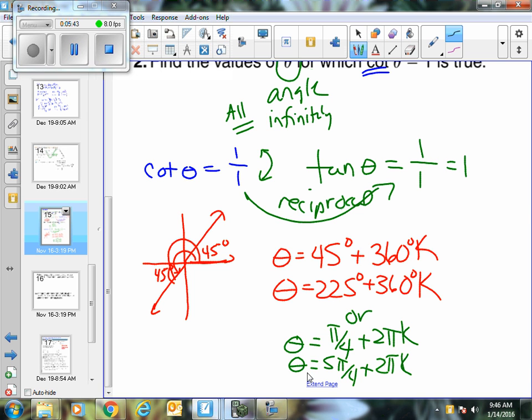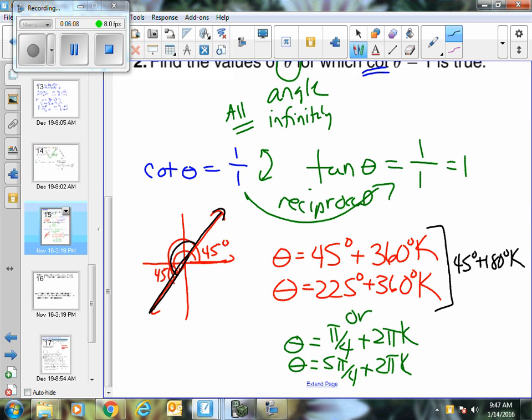Some people notice, and maybe you have thought about this too, that those two sentences can actually be combined into one. So 45 plus 360k and 225 plus 360k are equally spaced. So if you think about where 45 degrees is, 180 degrees later, that's when you get 225. So what if I said this? 45 plus 180k.